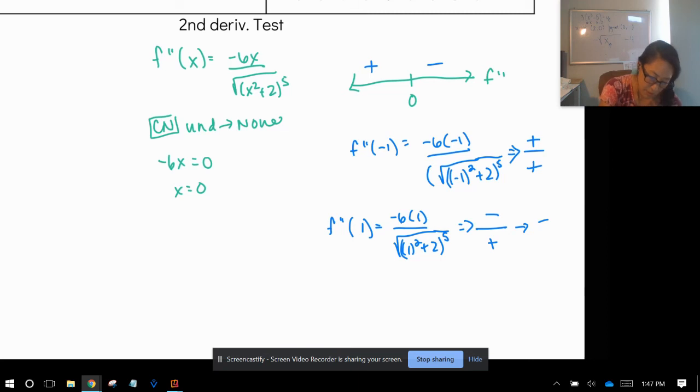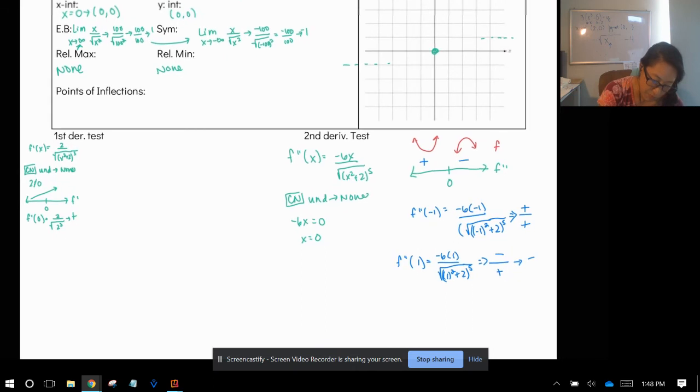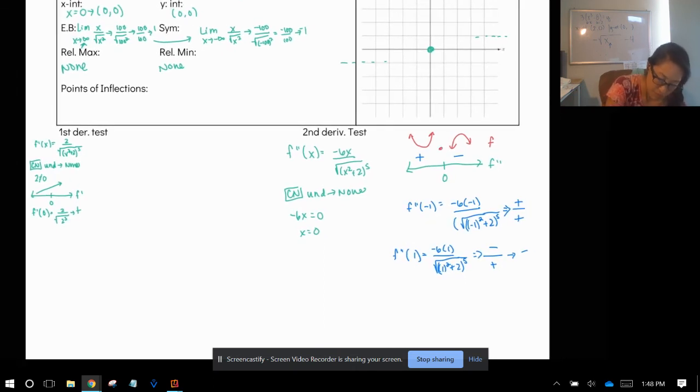So what does this tell me about the graph of f? I am concave up to begin with, and then concave down. That means I have a point of inflection at (0, 0), because I know the graph goes to the point (0, 0). So right here is our point of inflection.